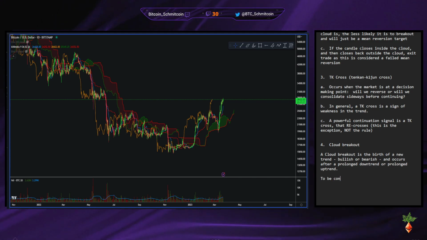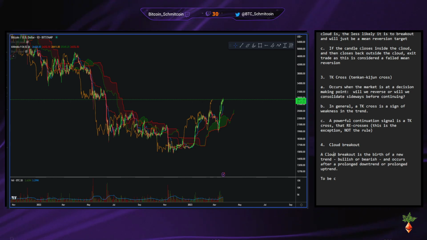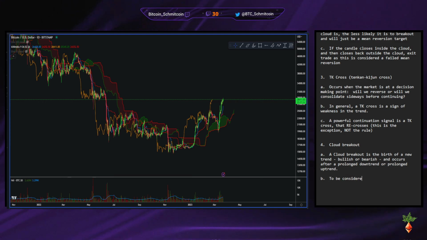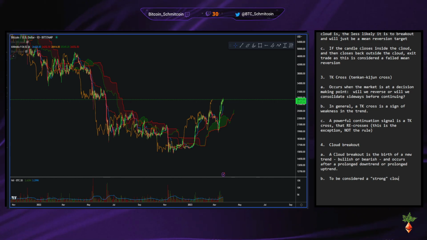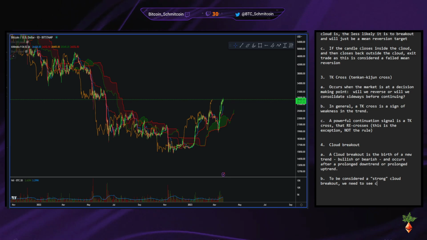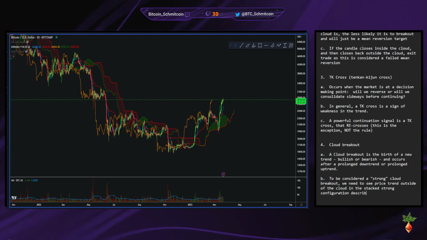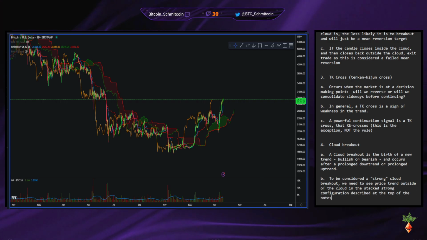To be considered a strong cloud breakout, we need to see cloud or price trending outside of the cloud and the stacked strong configuration described at the top of the notes.